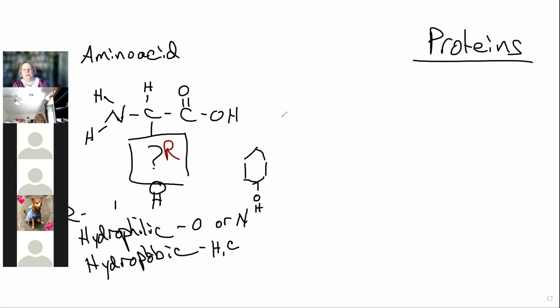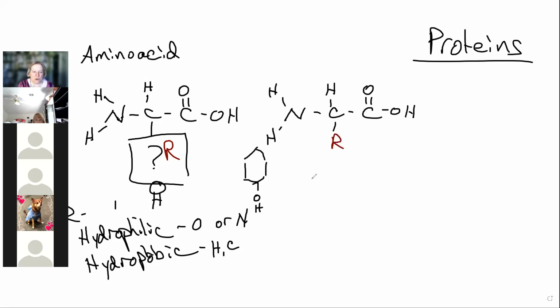All right, so I'm going to start hooking these together, these amino acids, to make a protein. So I'm not going to put the R group in. We're just going to leave it as a question. So now I'm going to do a dehydration reaction.